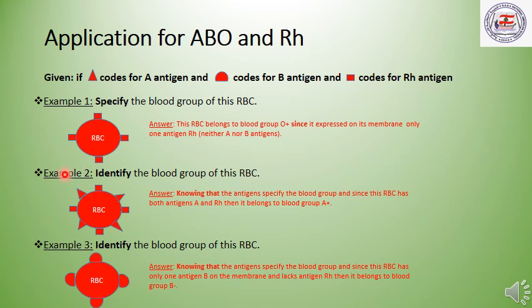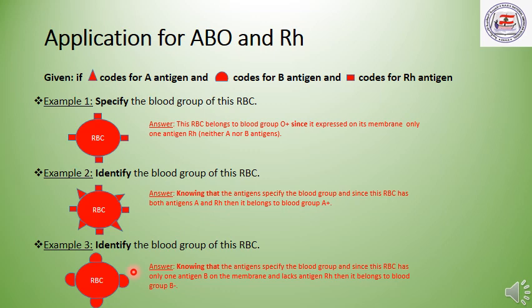In example 2, the question is, identify the blood group of this red blood cell. In identify, you're supposed to use a property. The answer is, knowing that the antigens specify the blood group, and since this red blood cell has both antigens A and Rh, then it belongs to blood group A positive.